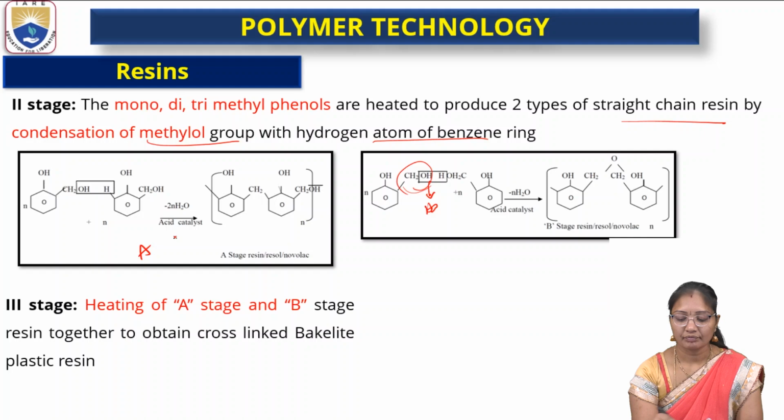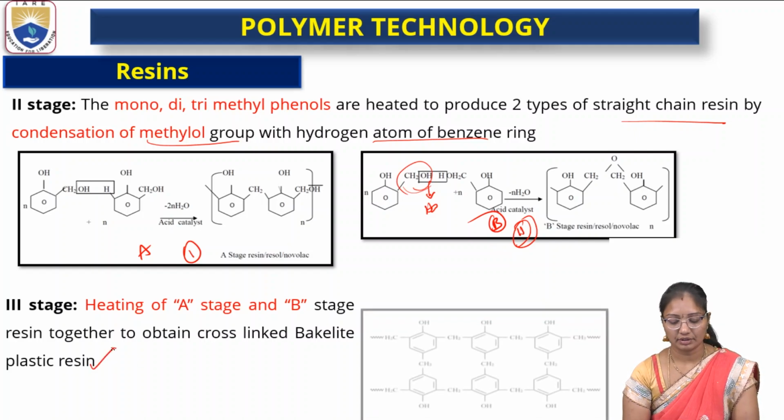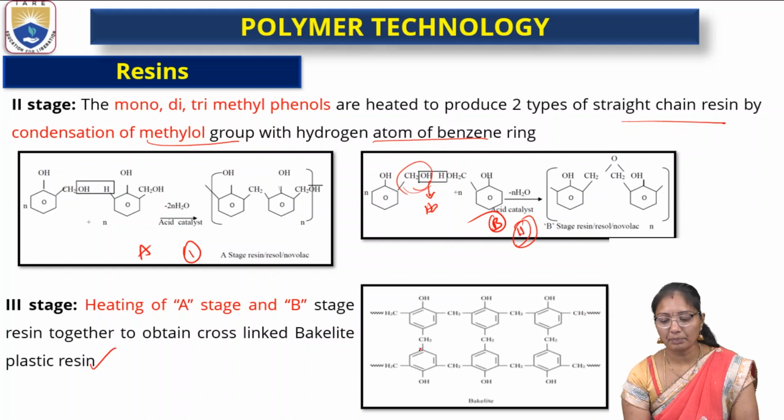This is the first stage and this is the second stage. Heating both of these resins together gives a cross-linked bakelite plastic resin. This resin is formed by the cross-linkage of both stage A and stage B. This is the third stage.